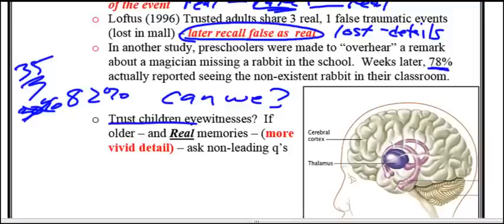Research tends to suggest yes, if they have not spoken with the adults involved in, for example, abuse prior to the interview, and their disclosure is made in the first interview with a neutral adult who is asking non-leading questions. So they can be effective if. And that's it, folks. I'm going to have to cut it off here quick.